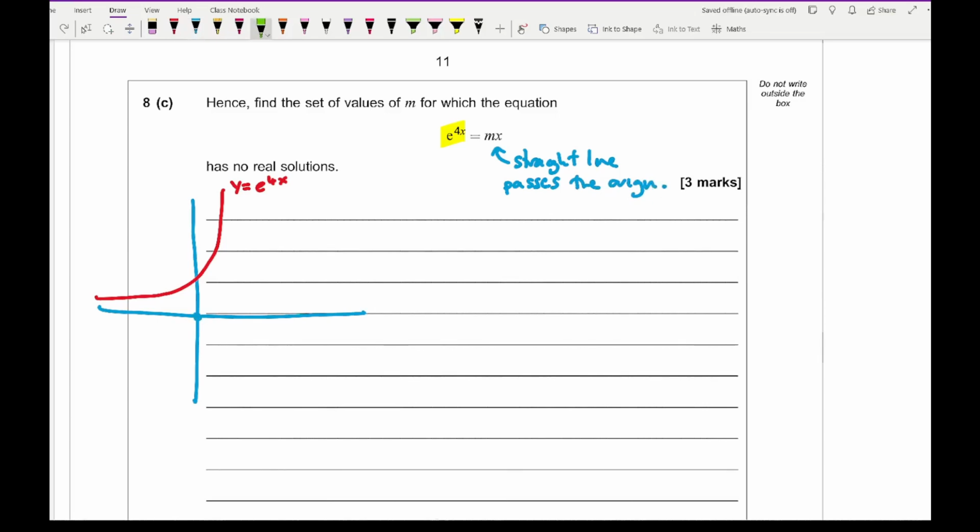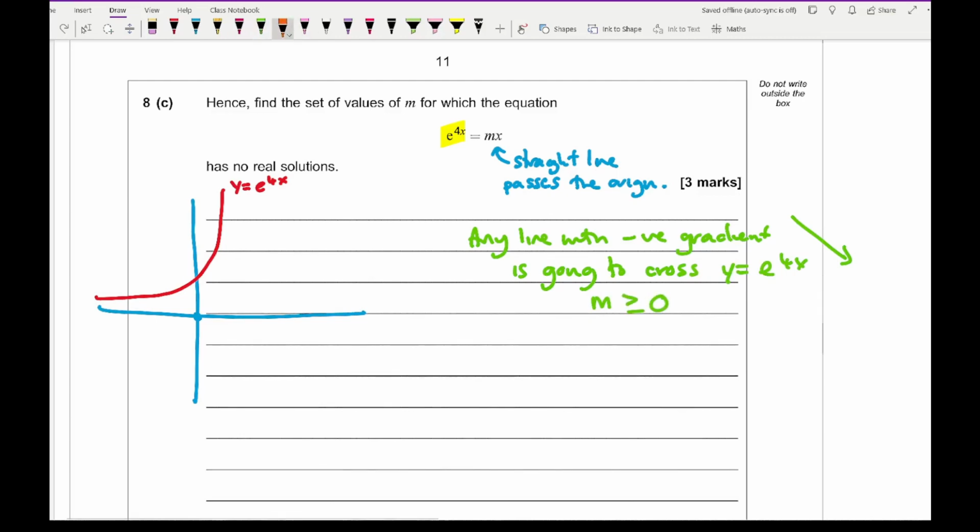Now any line with negative gradient, so in other words going downwards, is definitely going to cross the red line, is going to cross y equals e to the 4x. So therefore m has to be greater than or equal to 0.